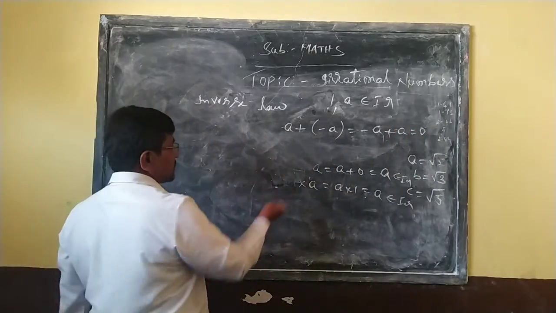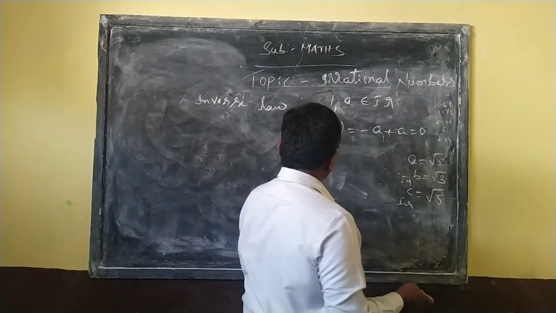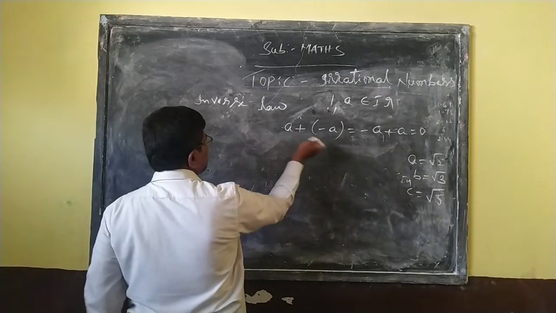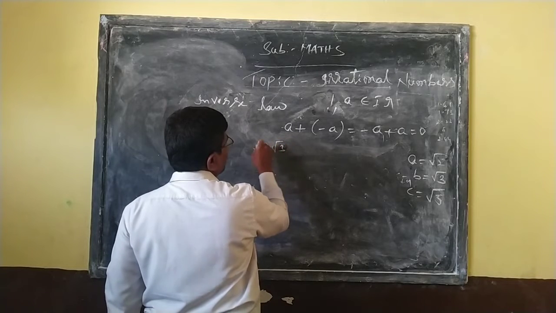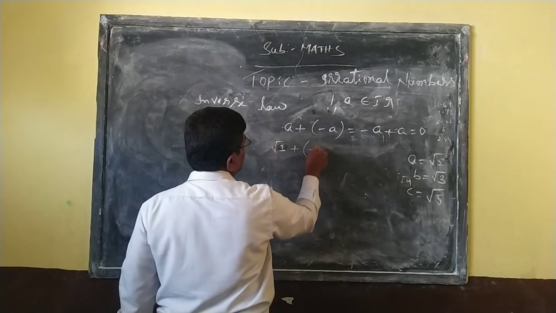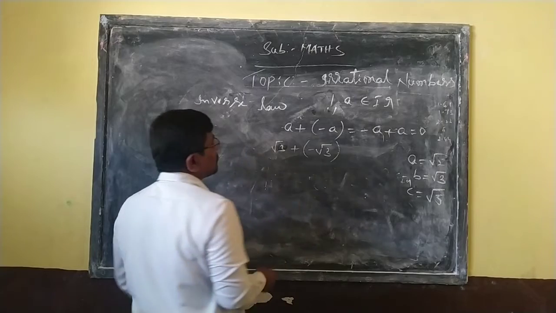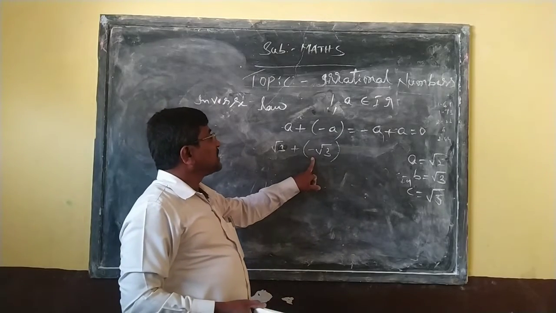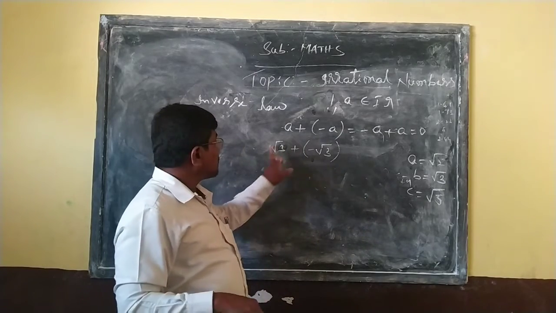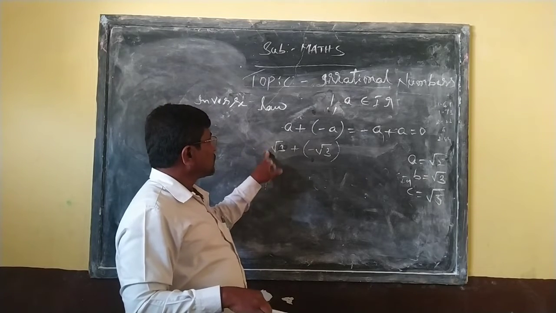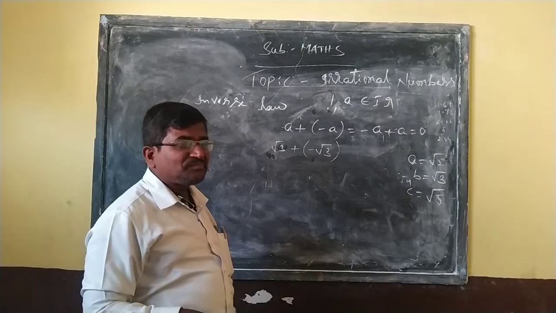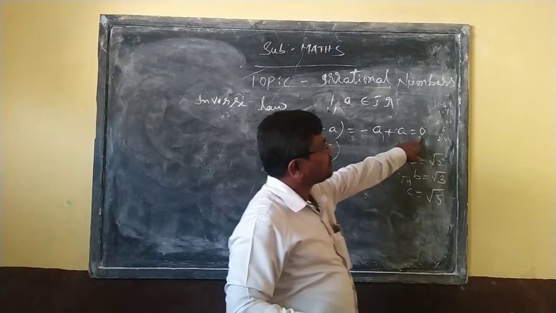That is, if you take root 2, root 3, anyone. So root 3, so plus of minus root 3. That means minus root 3 is the additive inverse of root 3, that is minus root 3. Then cancel, 0 you will get.